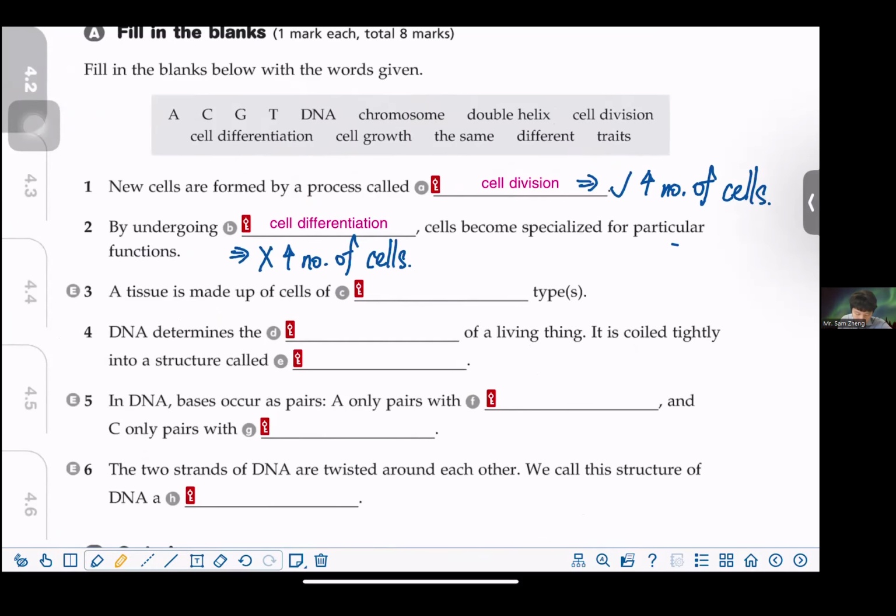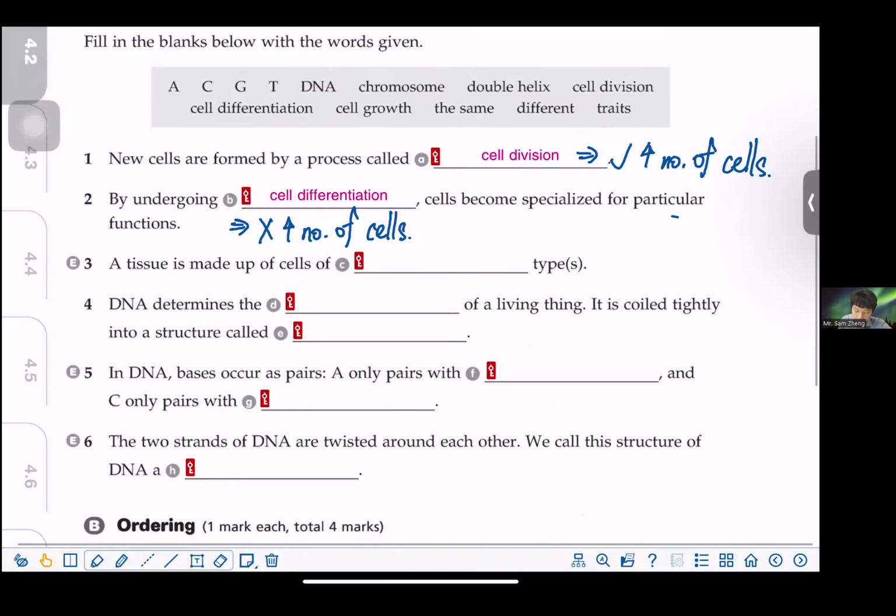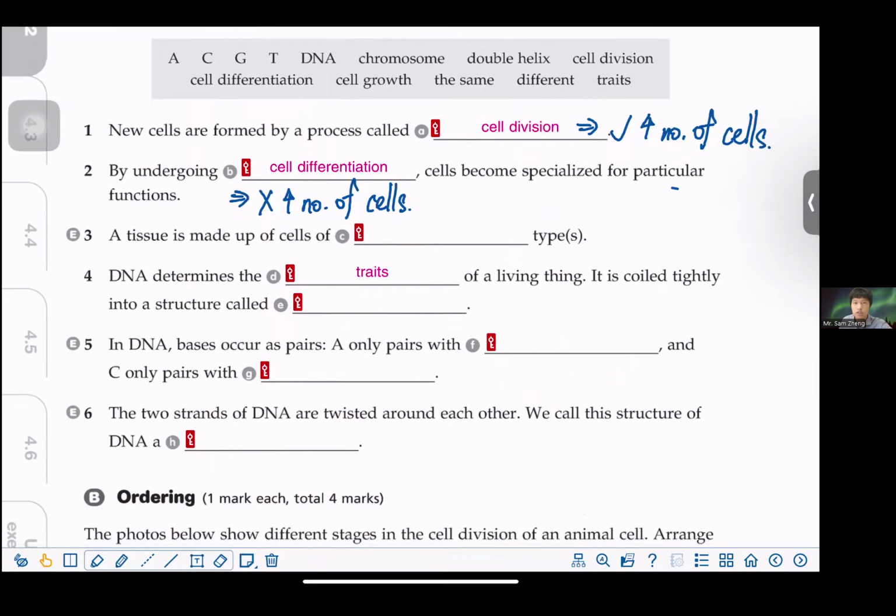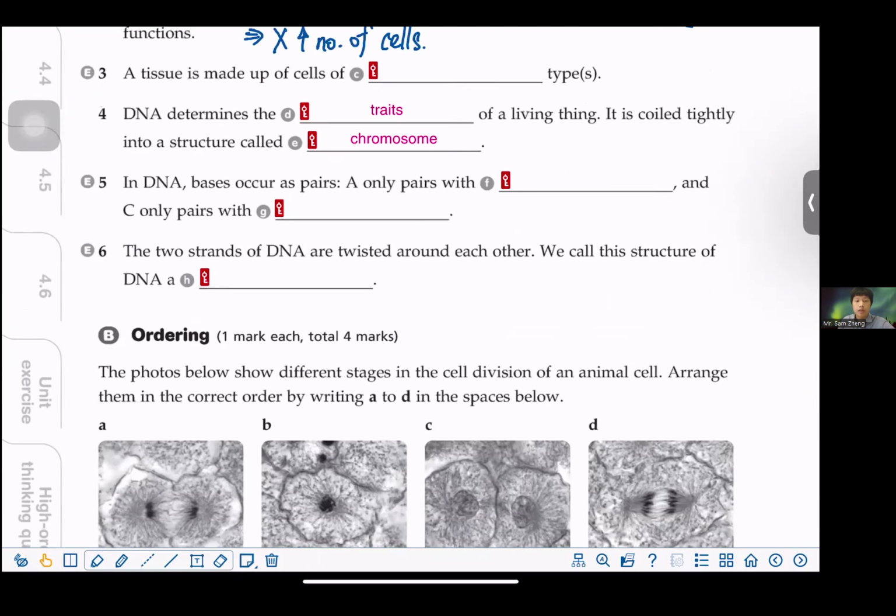Next, DNA determines the traits. Traits here refer to the characteristics or appearances of a living thing. The DNA coils tightly to form a structure called a chromosome. During cell division, the DNA will coil tightly and shorten to form the chromosome.